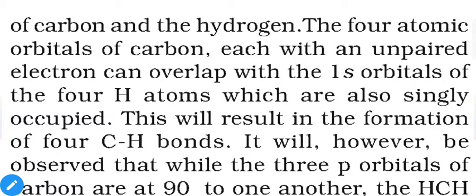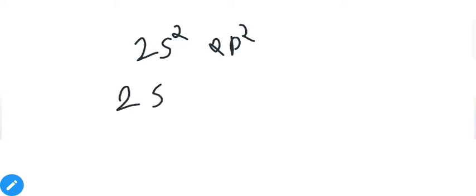So we have ground state configuration 2s2 2p2 for carbon, and in the excited state the electron present in the 2s orbital jumps into the 2p orbital, so now we have only one electron in 2s and 3 electrons in 2p.